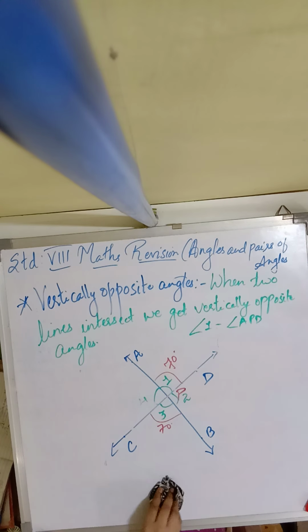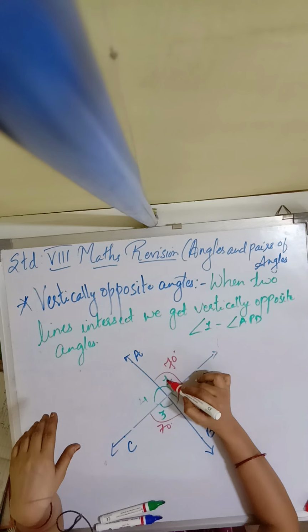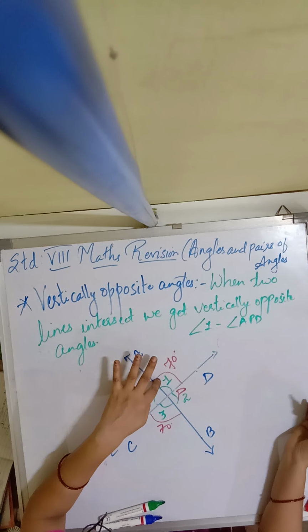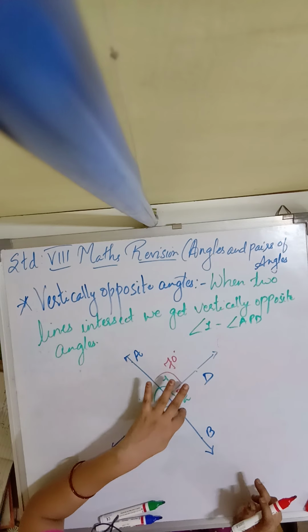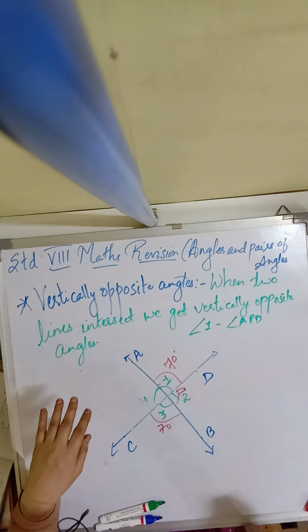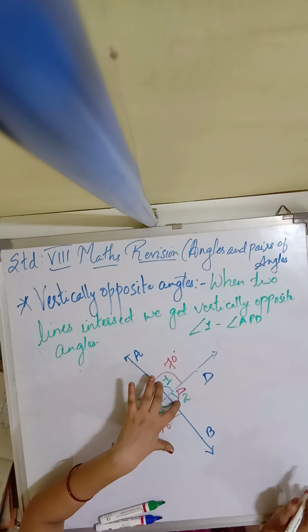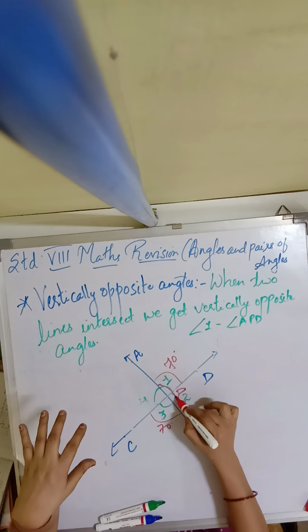Now see children, if you observe very carefully, your angle 1 and angle 2, observe carefully, angle 1 and angle 2 is forming what type of angle? You can see what type of angle it is forming. Here see, it is forming like this way.